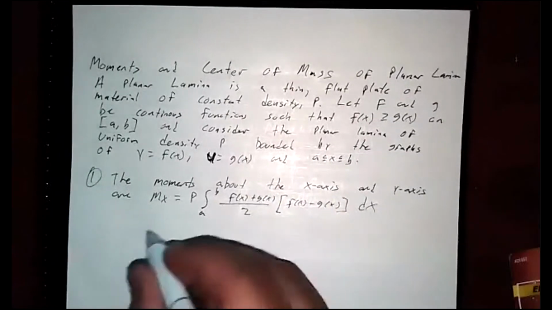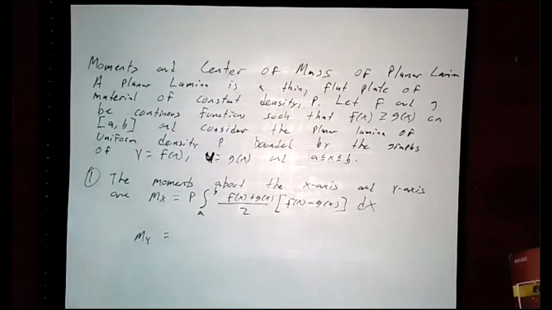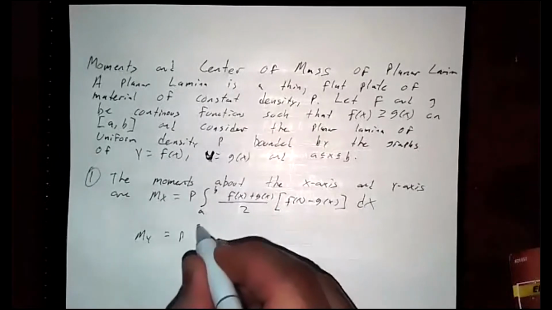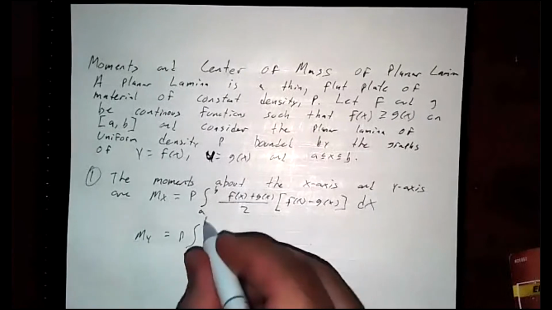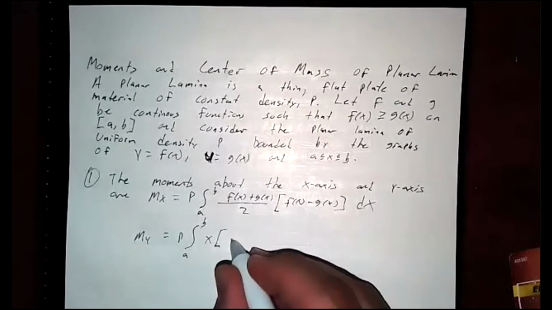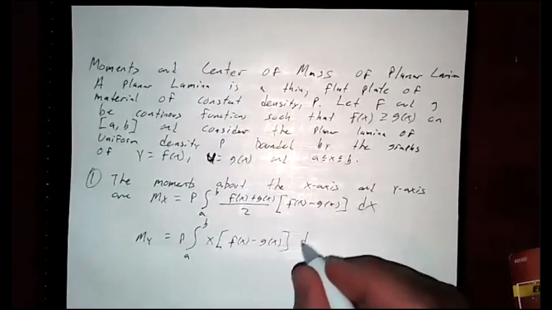My, the moment about the y-axis, is equal to the density P times the integral from a to b of x times f of x minus g of x dx.